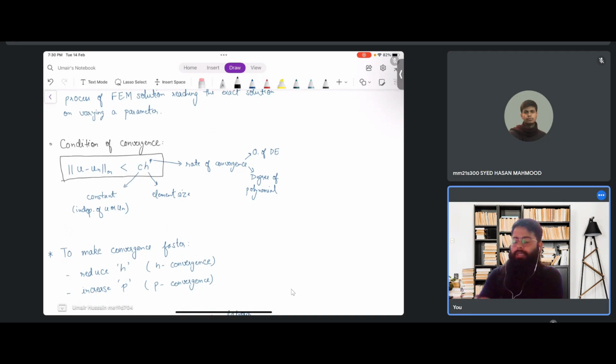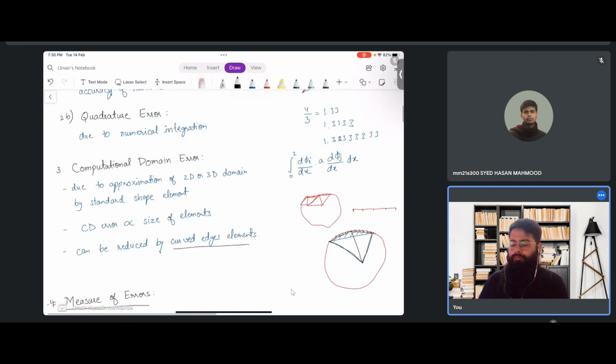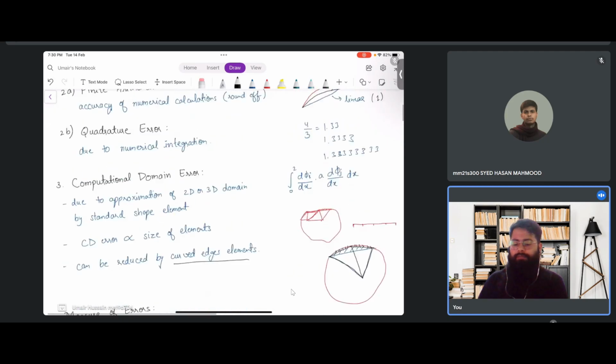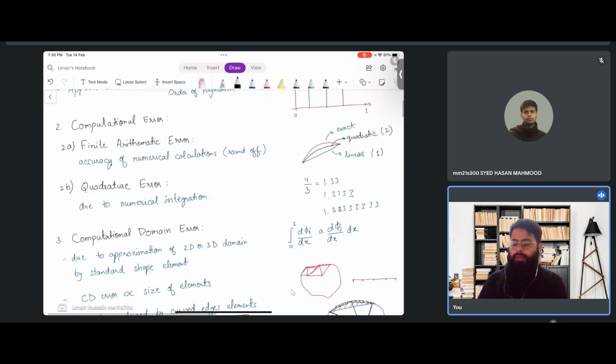So right now in our problem, there are two factors that we can control in this expression, that is the h and p. h is basically the element size. If we reduce the element size, our error reduces, as we have seen in the case of our computational domain error, or even in case of other types of error.